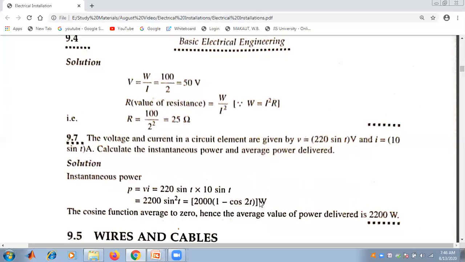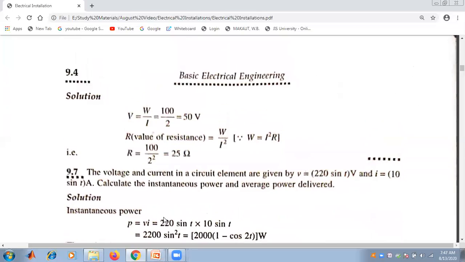That is the instantaneous power, and the cosine function averages to 0 in the average power, so the average value of the power that is delivered is 1100 watt.